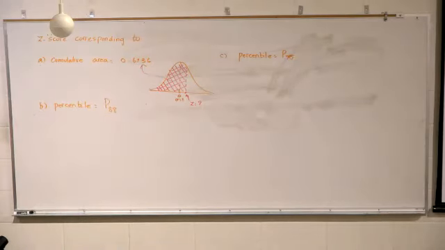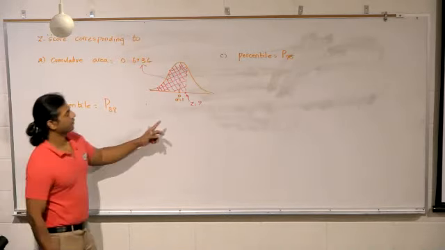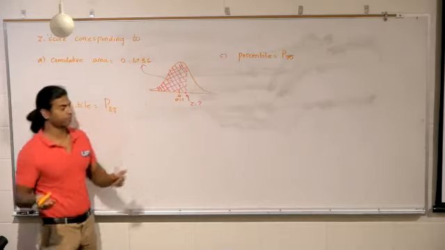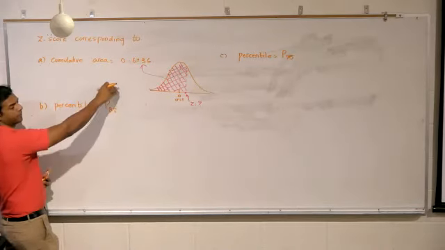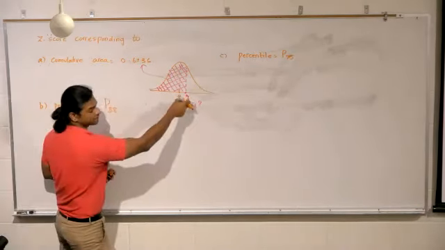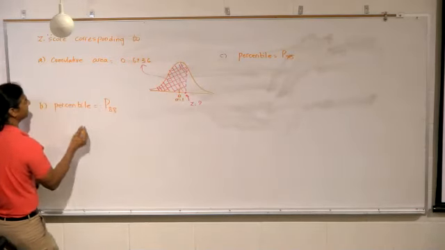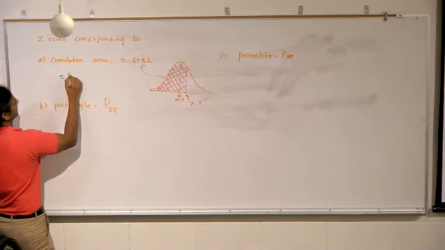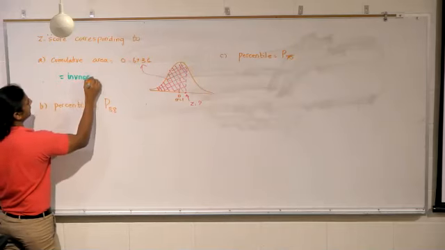is 0.6736. So this is the inverse process of finding the cumulative probability, because the probability is given and we are trying to find the corresponding percentile. So in your calculator, this is inverse norm.